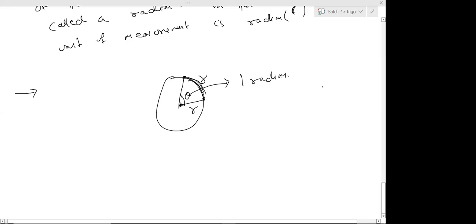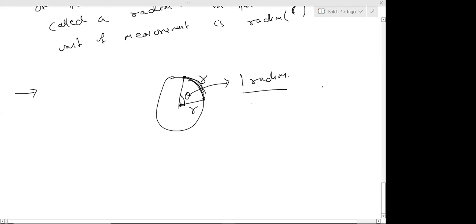You walk to a length equal to the radius of the circle, and whichever angle is subtended at the center by that arc is 1 radian.